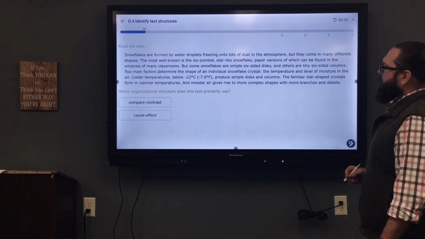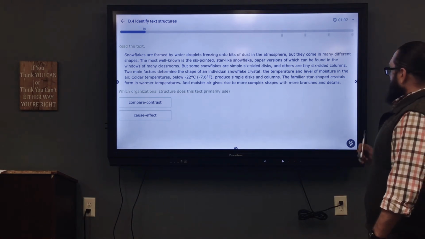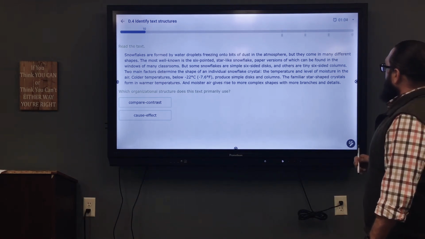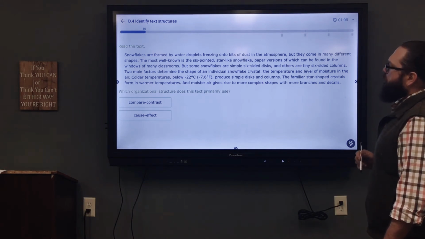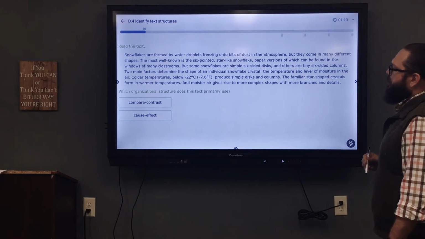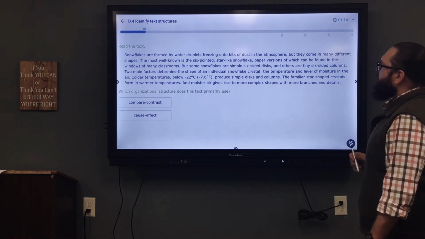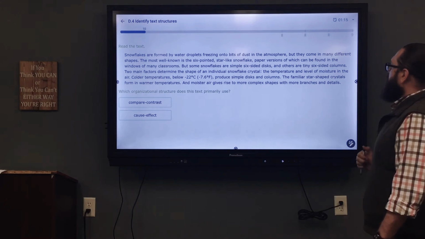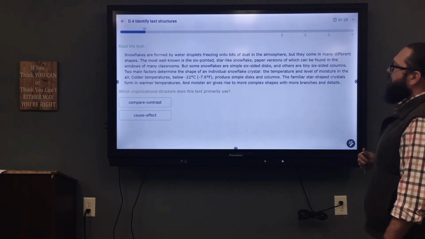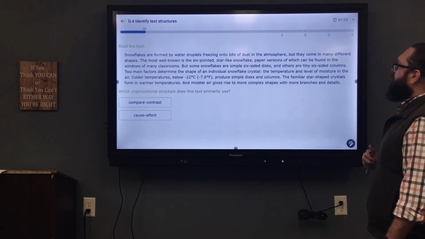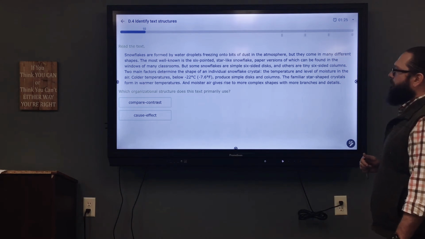Two main factors determine the shape of an individual snowflake crystal: the temperature and level of moisture in the air. Colder temperatures below -22 degrees Celsius or -7.6 degrees Fahrenheit produce simple discs and columns. The familiar star-shaped crystals form in warmer temperatures, and moister air gives rise to more complex shapes with more branches and details.